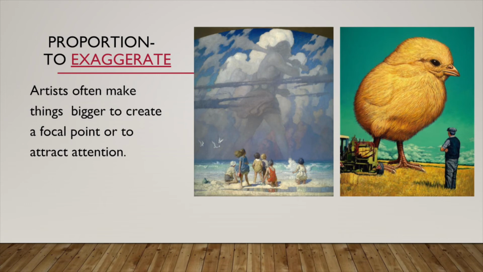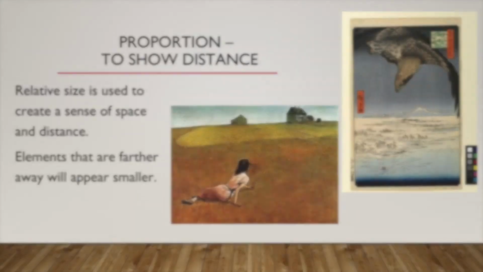And then, of course, this funny example of this artwork on the right side of this little baby chick that is absolutely monster size next to this tractor and this farmer. Of course, much, much, much larger, exaggerated, way beyond the scale of a real life baby chick.